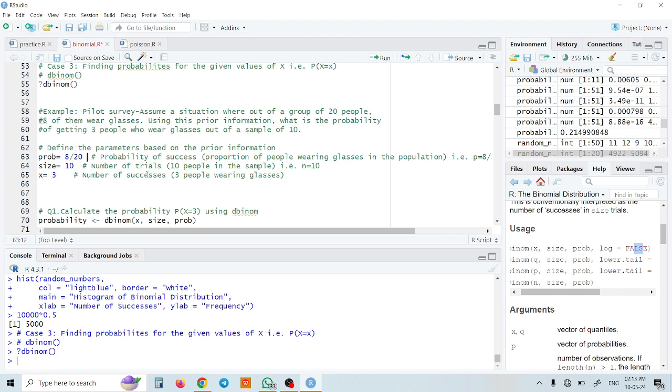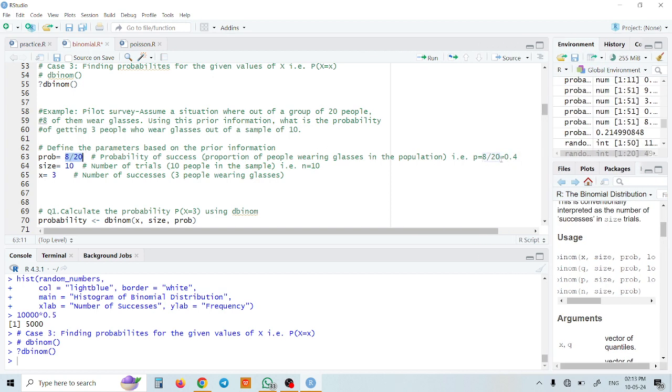We will define the parameters. p is the required information, the probability of success, and 8 out of 20 people wear glasses, so the probability is 8 by 20, which is 0.4. So the proportion of people wearing glasses in the population is 0.4. That means 40% of the people in that population wear glasses. This is what we already know.